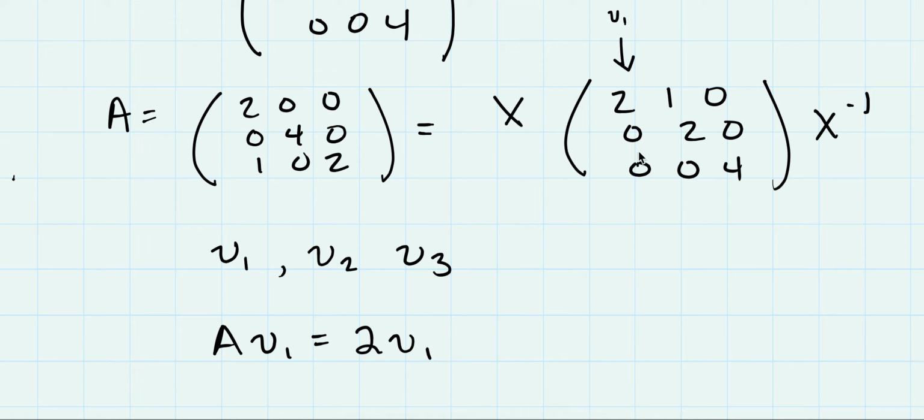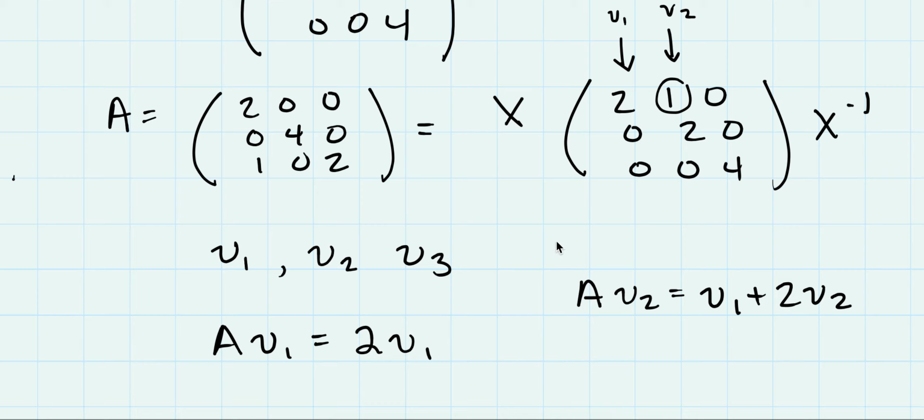This is going to go with v1. Then you want to say that A v2 is equal to v1 plus 2v2, because this 1 corresponds to v1, because this is in the v1 section, so this is v1, v2, v3.